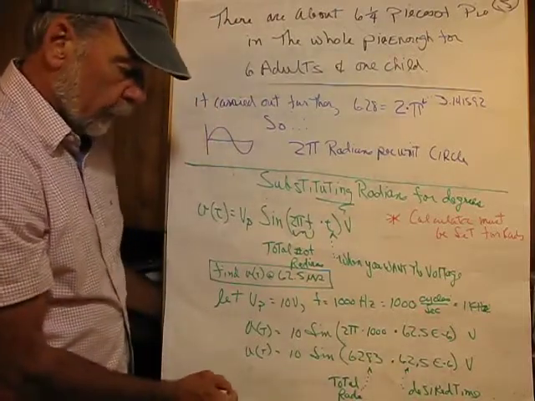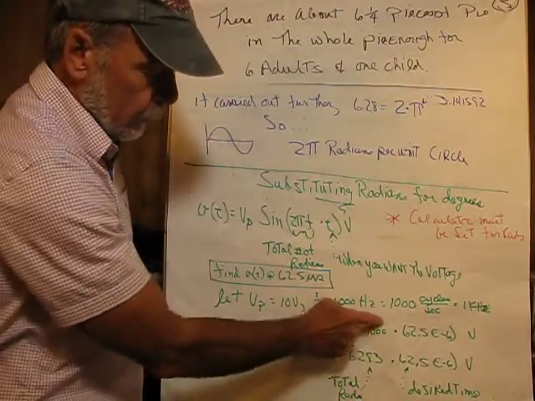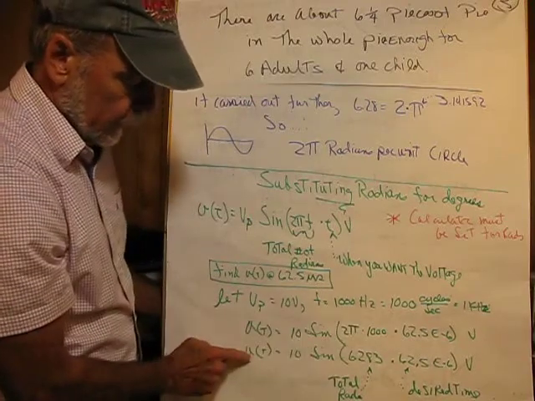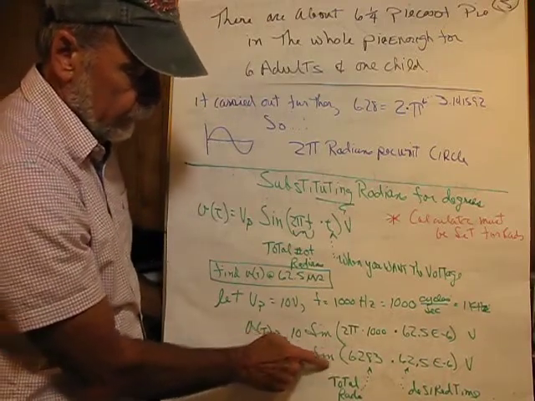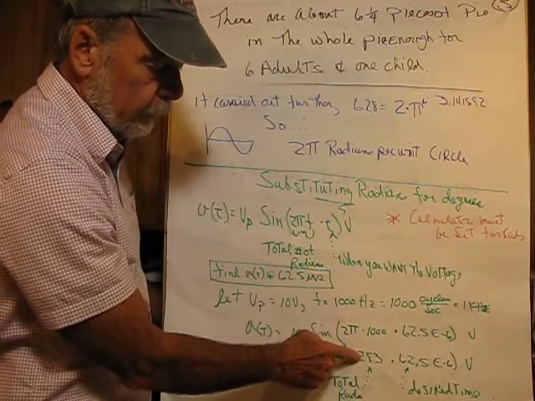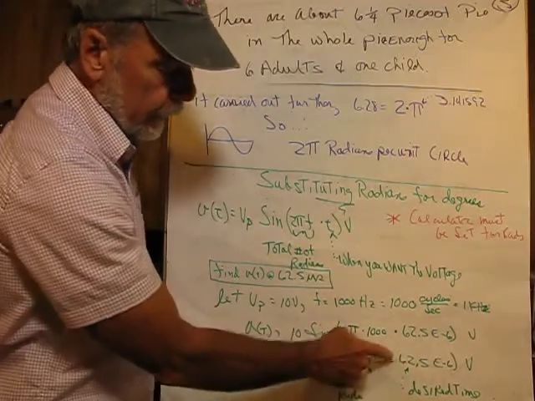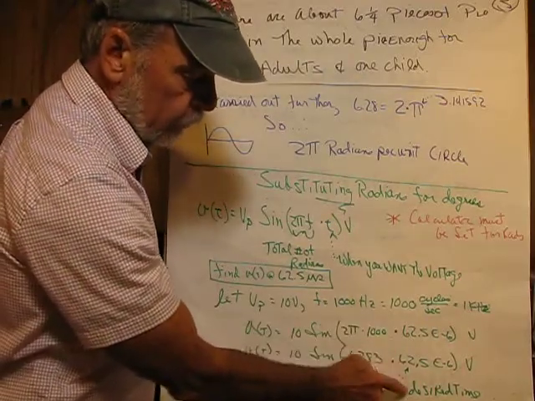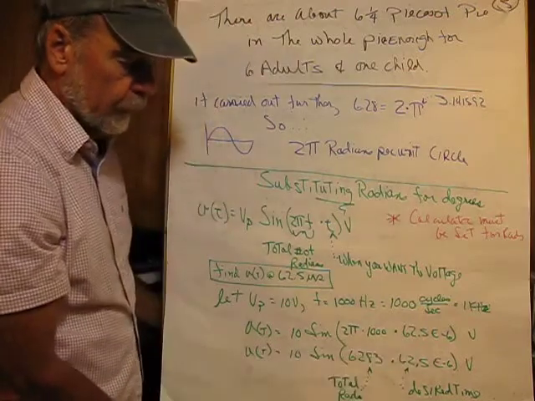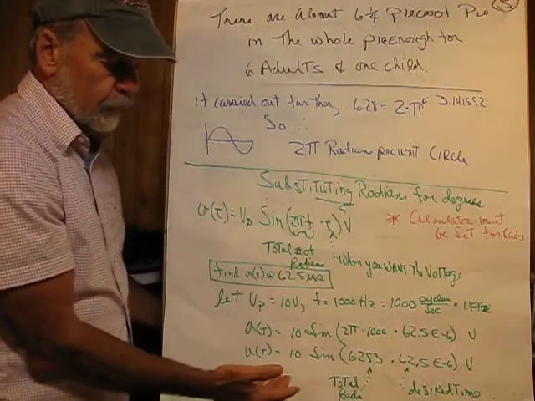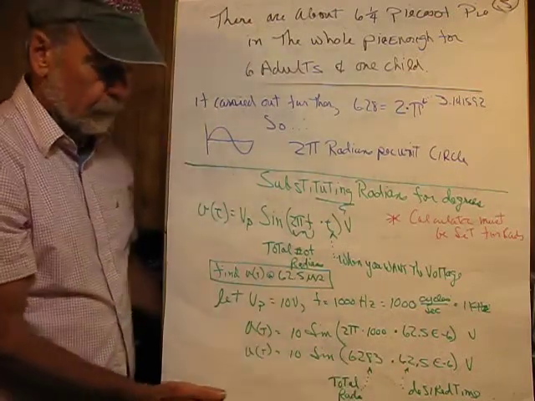So going a little bit further here and just multiplying these two together is what I get as V of t equals 10 sine of 6283, and then taking the time, which I still have to multiply that, and I'm doing this step by step, hopefully so it'll become clearer.